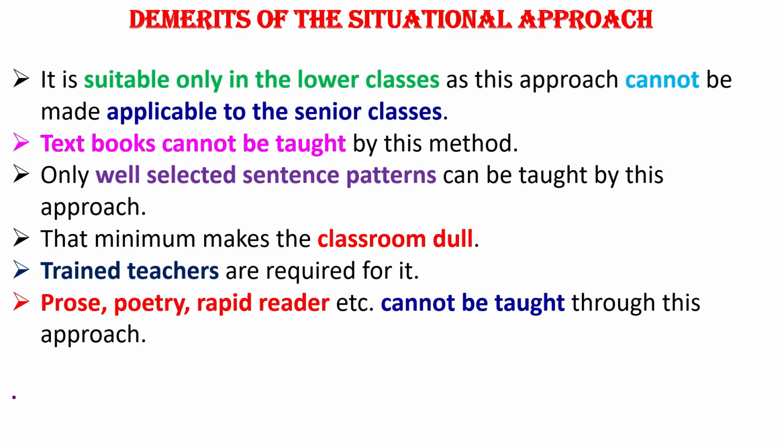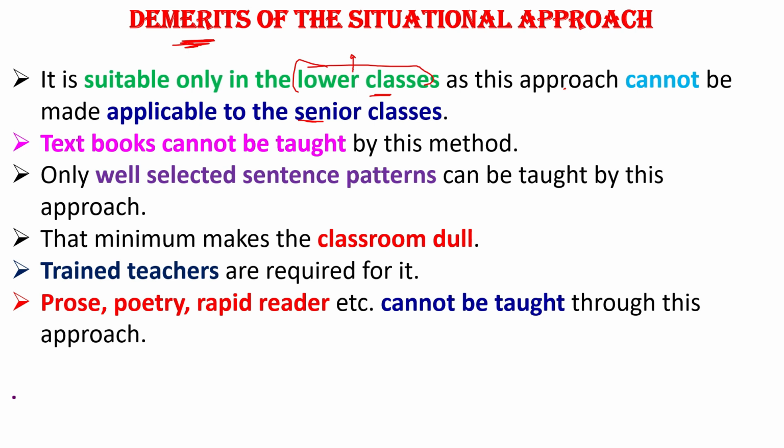And coming to the demerits of the situational approach, it is suitable only in the lower classes. Yes, it is suitable only in the lower classes, but this approach cannot be made applicable to the senior classes, because teaching a small number of vocabulary items is easy in the lower classes. But at the senior level, they require big conversational topics or big real life situations.